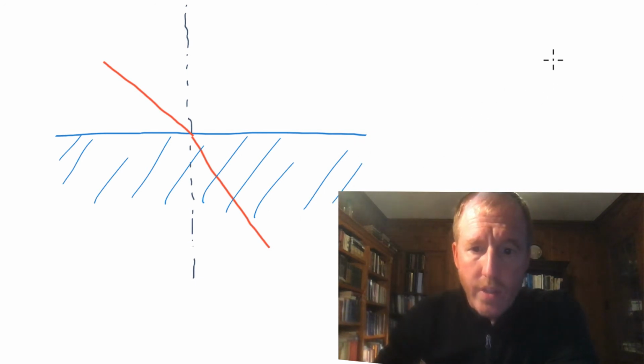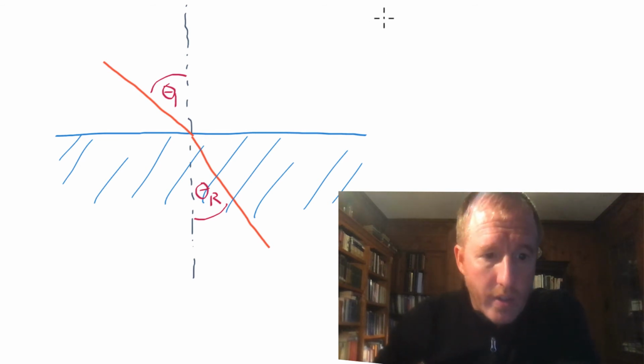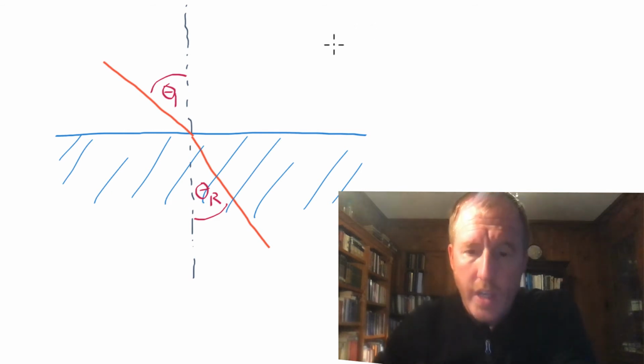Now, he says that if you were to take this angle of incidence, theta incidence, and you were to take this angle of refraction, theta sub r, he's saying here that the sine of the angle of incidence is very nearly in a given ratio of the sine of refraction.